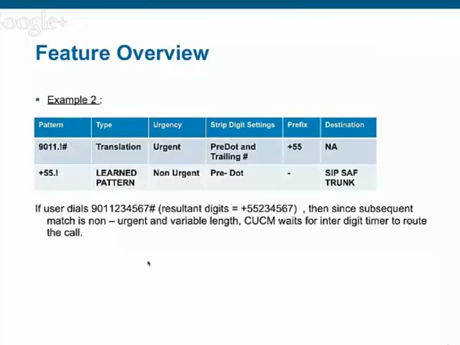This is a similar example, just that in this case we are going from a translation pattern to a learned pattern. If you see here, the user actually dials 9011 2345667 followed by a pound, which matches a translation pattern, and that in turn has access to the SIP/SAF trunk, which is nothing but the learned pattern that we have in our system.